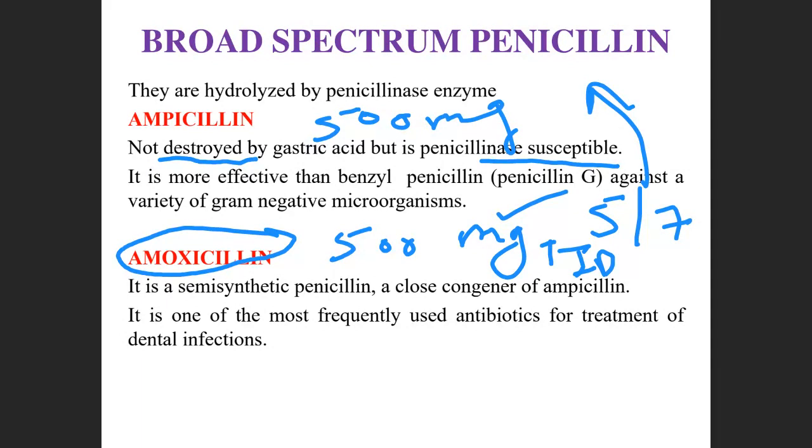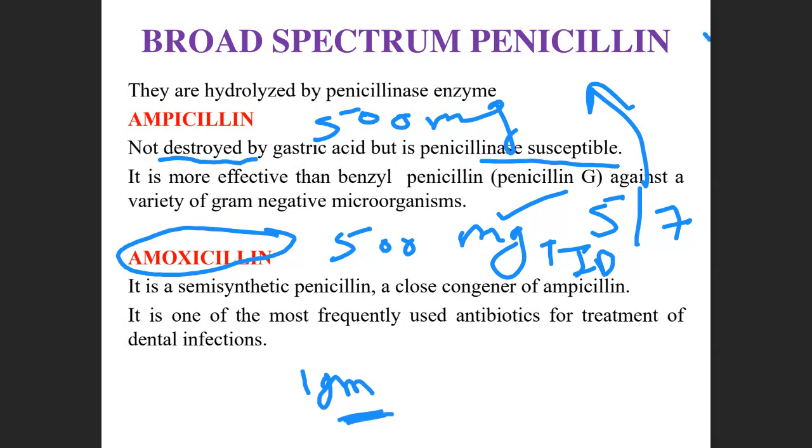For example, if a patient has to undergo a tooth extraction and you have a doubt that the patient may develop a post-extraction infection after removal of the tooth, then we can advise the patient to take 1 gram of penicillin before extraction of the tooth. 1 gram means 2 tablets of 500 milligram.